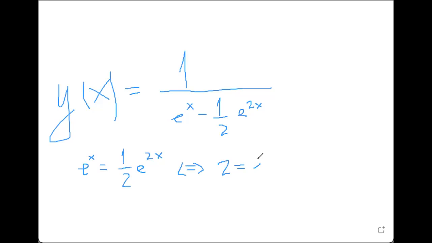So I canceled one of the e to the x's, and I'm just left with 1. And I multiply the equation by 2. So now 2 is on the left-hand side, and the 1/2 canceled. So which is equivalent to, actually now it's no longer really equivalent, but whatever, I'll write it. I think it's only equivalent for real numbers. So it's equivalent to x being natural log of 2.